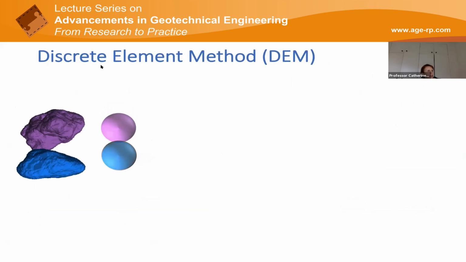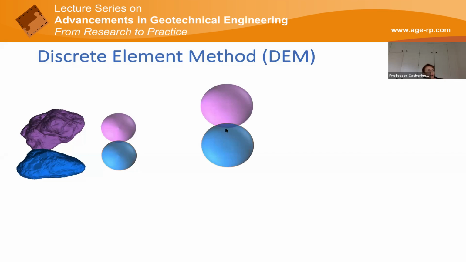Just to clarify that, I think many of you will be familiar with DEM because of the nature of the presentations today. But the idea in DEM is to take real soil particles and idealize them as geometric shapes that we can describe with equations. And the easiest thing to do is to draw an analogy between an individual particle of sand and a sphere.